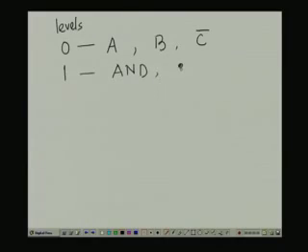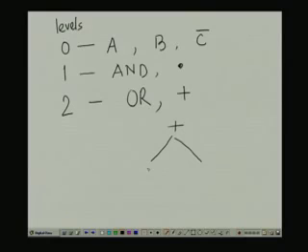In the second level, OR gates are there, that means plus. It can be, not always, more than 2 branches, say these are my literals.